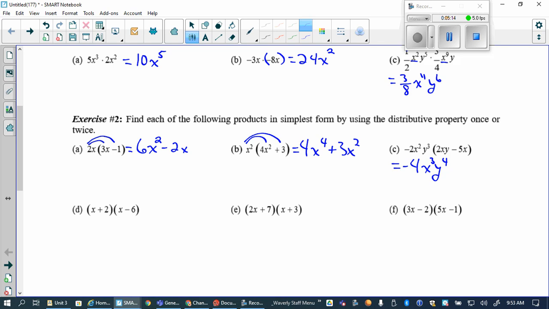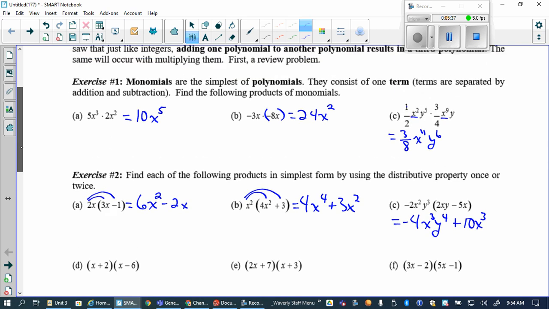Then keep going. Plus what? Because a negative times a negative is a positive, so plus 10x to the third. Right? It's not really different than when we were doing it up here. It's just now getting distributed, but it's still just multiplying.